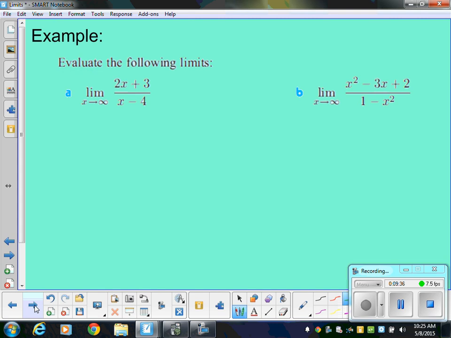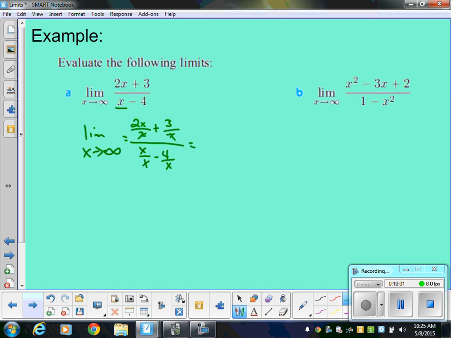So in this problem, there's a power of x to the first in the denominator. I'm going to divide everything in the function by that. So the limit as x approaches infinity is equal to 2x divided by x plus 3 divided by x over x divided by x minus 4 divided by x. And we can simplify that.